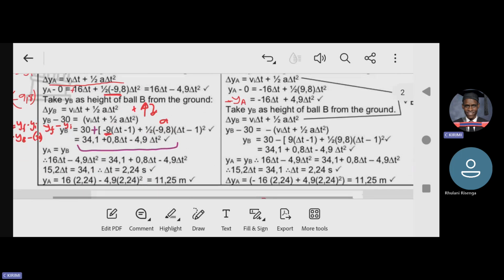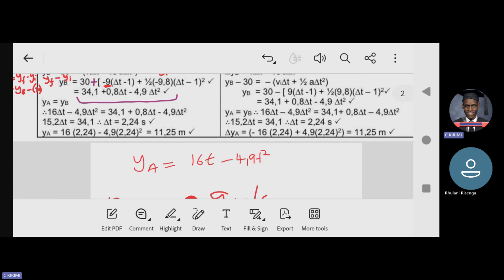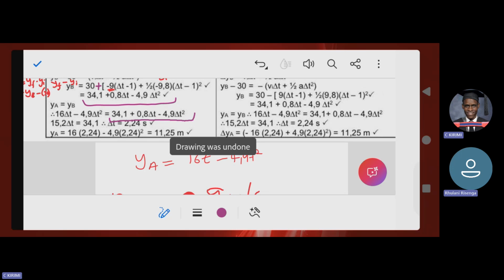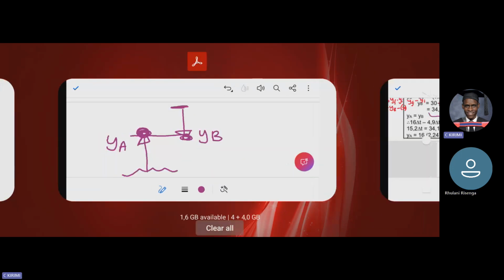So which means when you are solving, you are now solving those two equations simultaneously. Why are we saying simultaneous? We are simply equating, since those heights should be the same, while B is moving from the top. So this is the one that we got for B, which is on the right, and this is the one that we got for A. Then we are equating, since these heights should be the same.